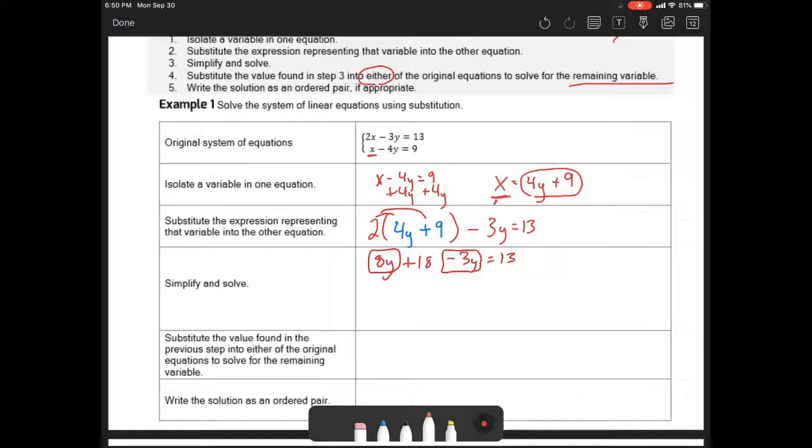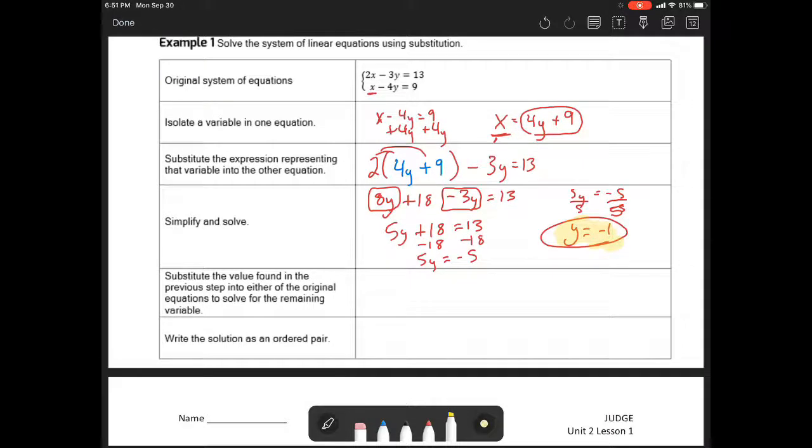I've got my 8y and my negative 3y, and that's going to give me 5y plus 18 equals 13. Then we're going to go minus 18, and that's going to give me 5y equals negative 5. If I divide by 5, negative 5 divided by 5 gives me y equals negative 1.